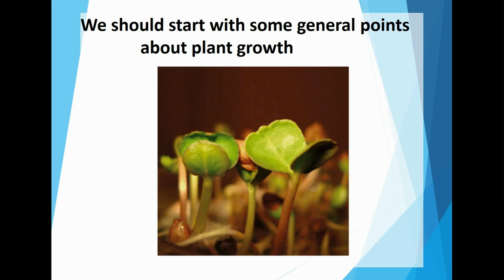Plant development consists of three phases: embryogenesis, the actual formation from the seed into a seedling; the vegetative process, that growing phase, that teenager phase almost; and then the reproductive phase, where it's going to reproduce its own offspring.